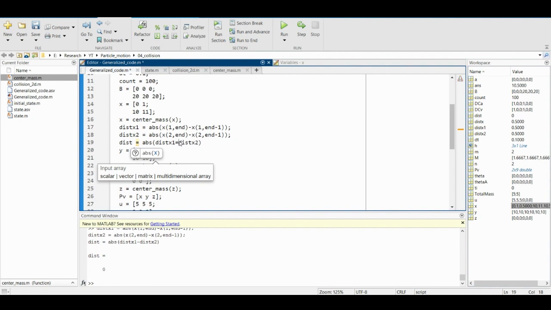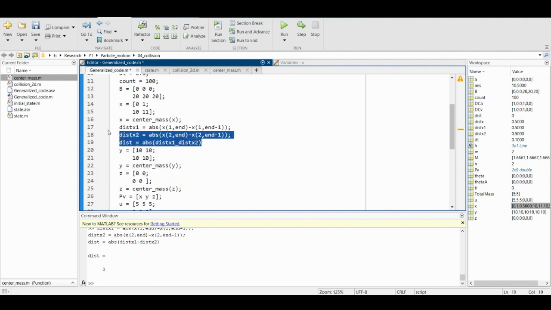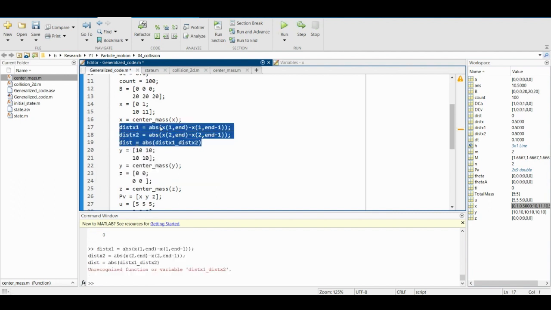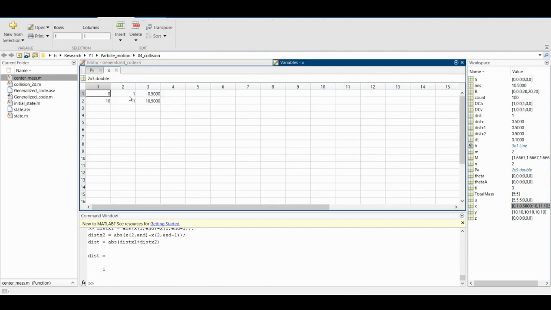Not minus, plus. Okay, positional vector, I'm saying an easy one, maybe as an easy one.